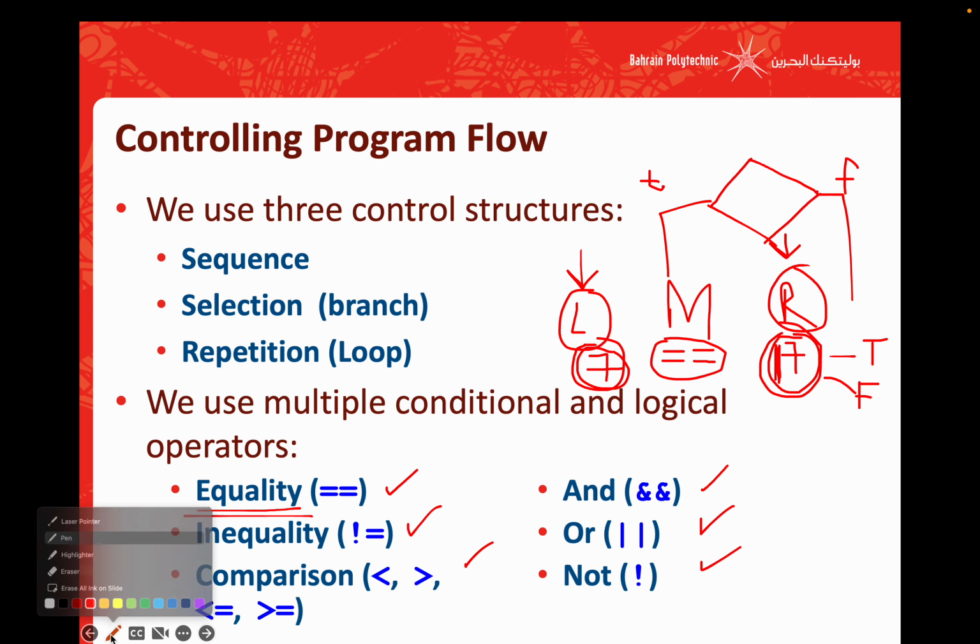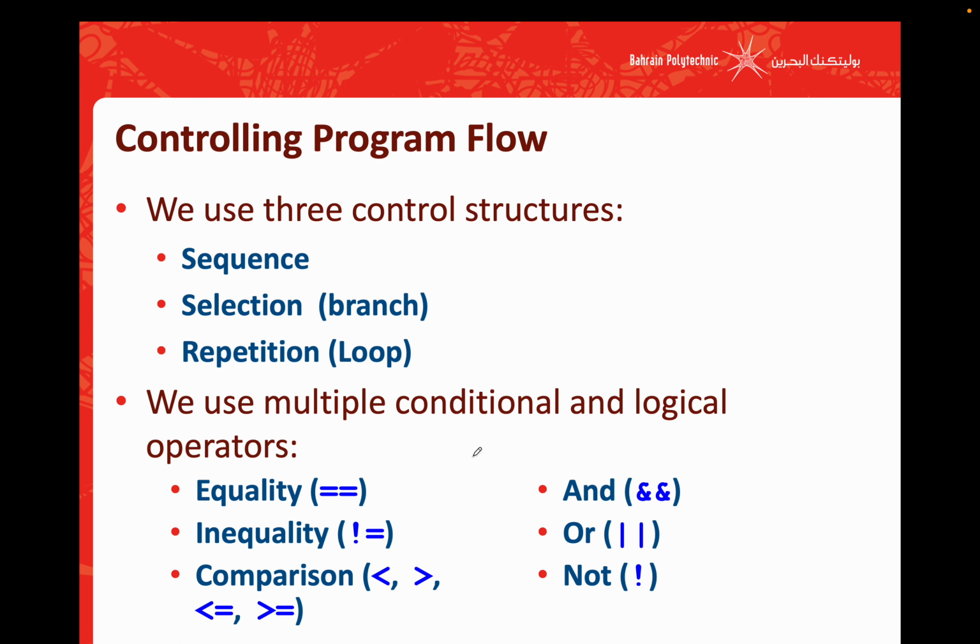Now, let's talk about inequality. Inequality is again the same, which means you need something on the left, something in the middle, and something on the right. In the middle you have the operator, which is exclamation followed by equal to.